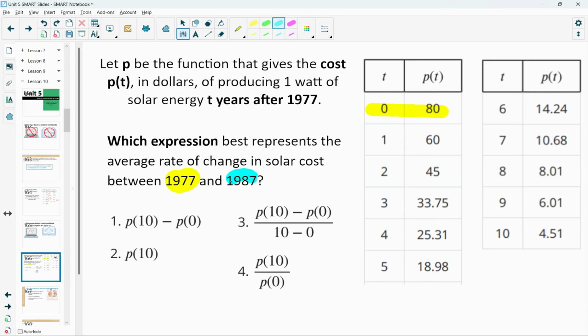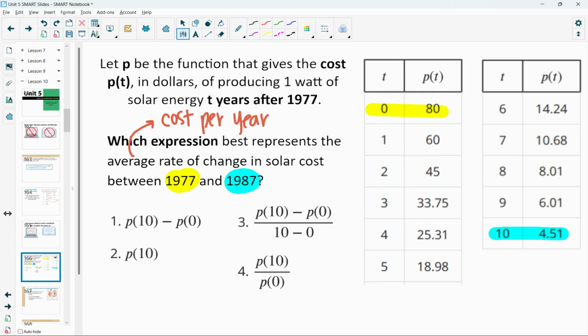And then 1987 is 10 years later. So that's this data point here. So remember, when we're finding average rate of change, we want the cost per unit of time in this case, okay? So our P of T is cost, and we want cost per unit of time, so per year here. So we want the average cost per year.